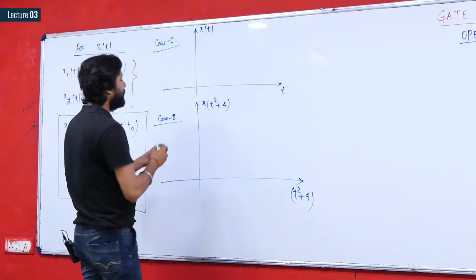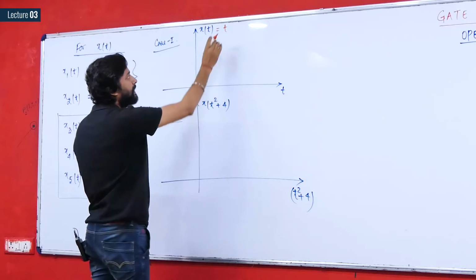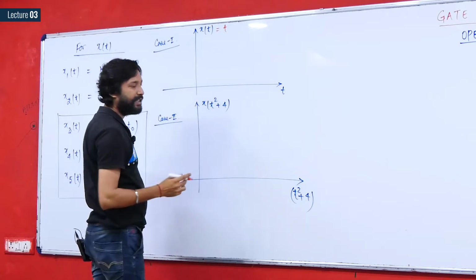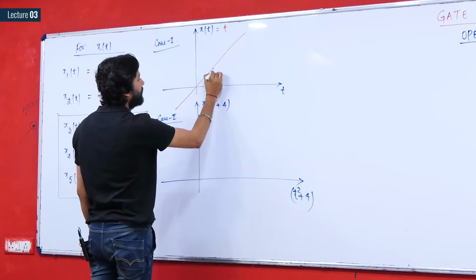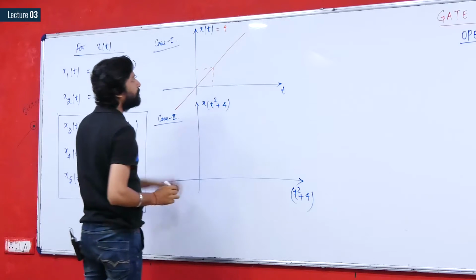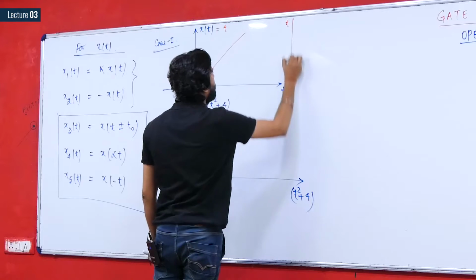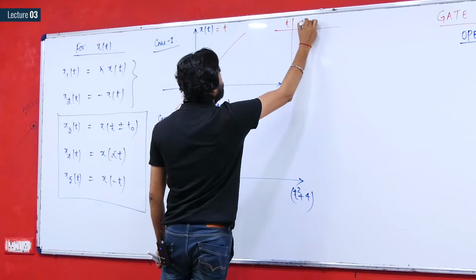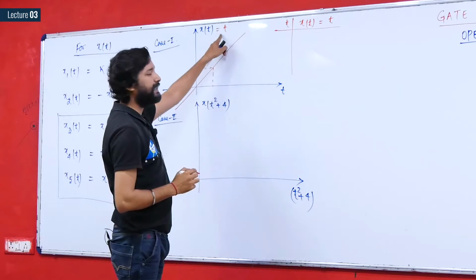Like previously, if x of t is equal to t, then you know that the graph of x of t equals t will be a straight line passing through the origin with slope 1. To plot this graph, you just take the values of t and x of t, where x of t is again going to be t as defined here.